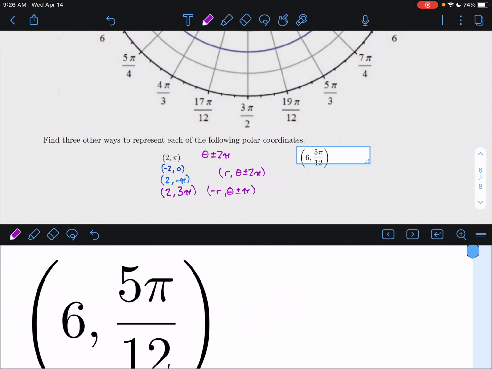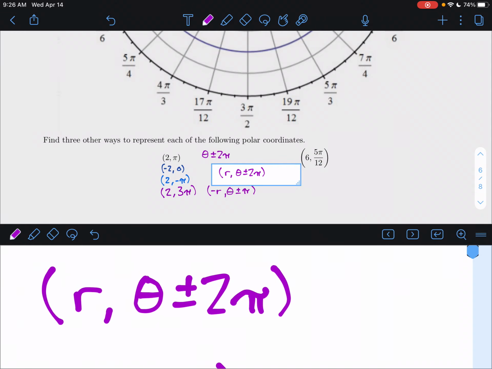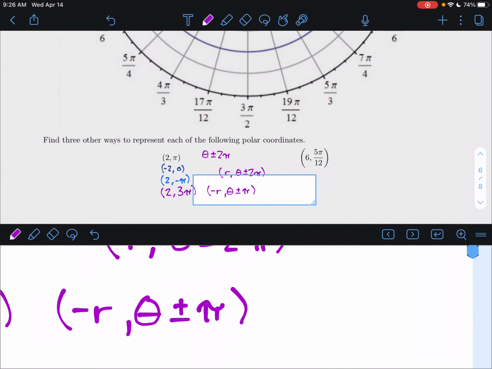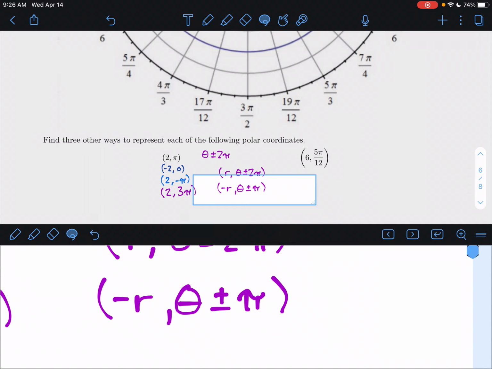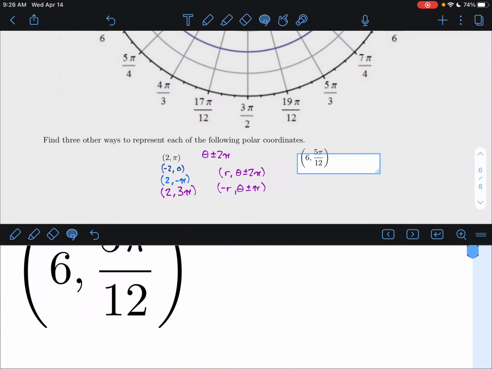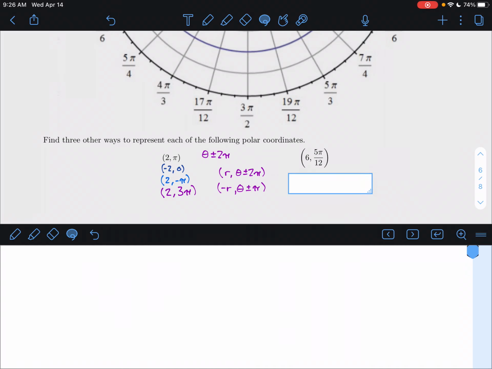So let's try the same thing here. Actually, let me organize this a little bit. These are my two ways to generate a new point given one point in polar. So if I have (6, 5 pi over 12), I could keep the r and add 2 pi to theta.